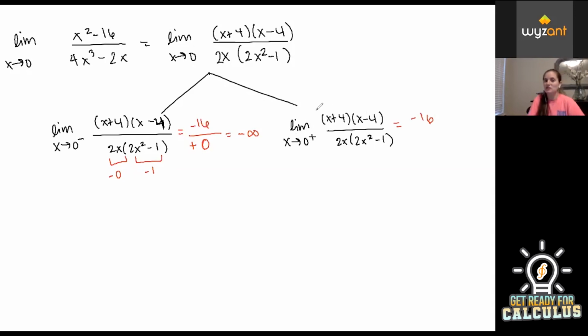That's not changing just because we're plugging in a little bit of a positive 0. On bottom though, this is going to be a positive 0 because I'm plugging in a little bit to the right of 0, so like 0.001. And over here, this is still going to be a negative 1 because this is still going to be much smaller than that negative 1. So I'm getting a negative 0 on bottom, so it's going to go to a positive infinity because these are going to cancel out.